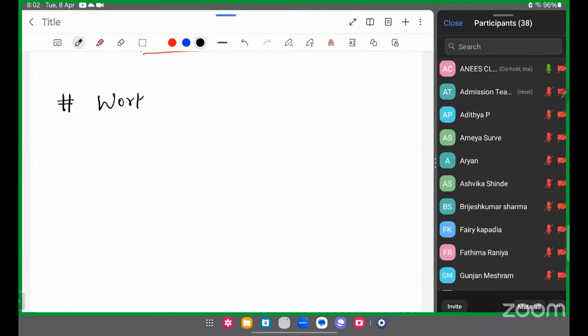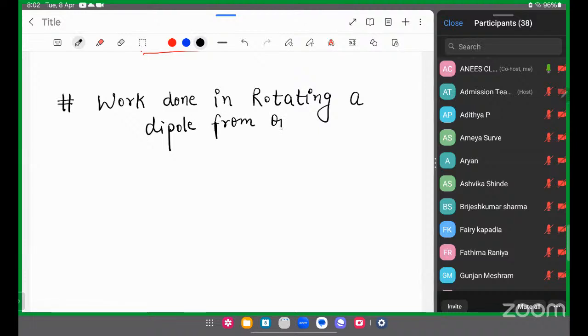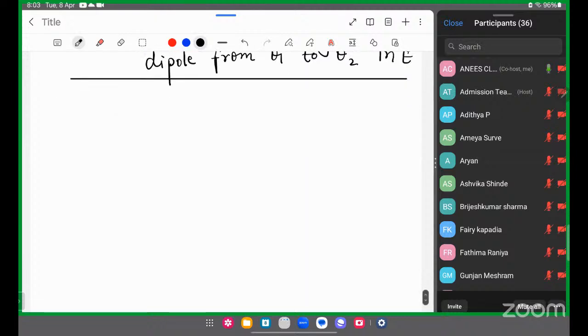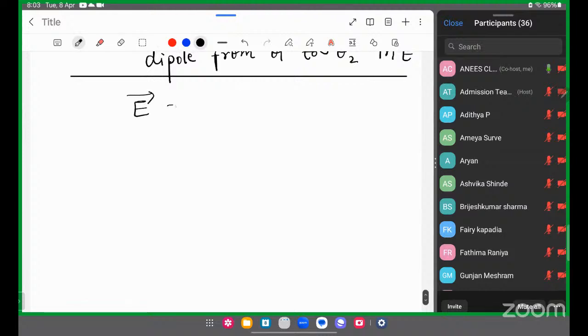The question will be like this: find the work done in rotating a dipole from angle theta 1 to theta 2 in electric field E. Important point is, in this case also, electric field E is uniform. Basically, in 12th class, all the dipole concepts are for uniform electric field.